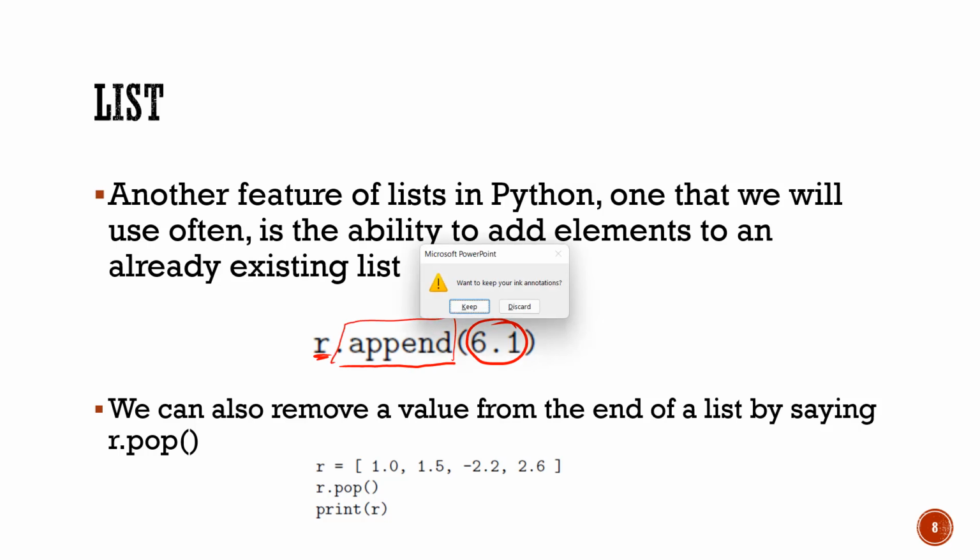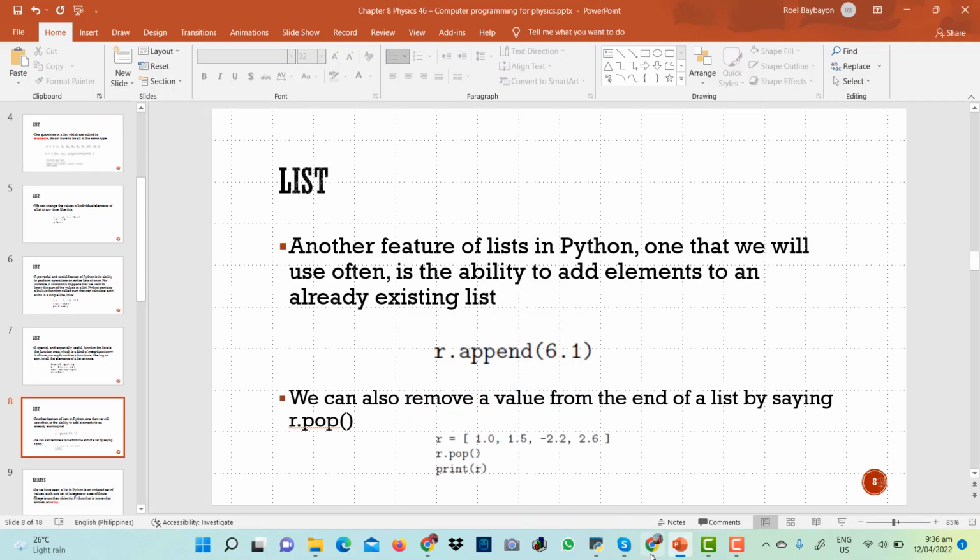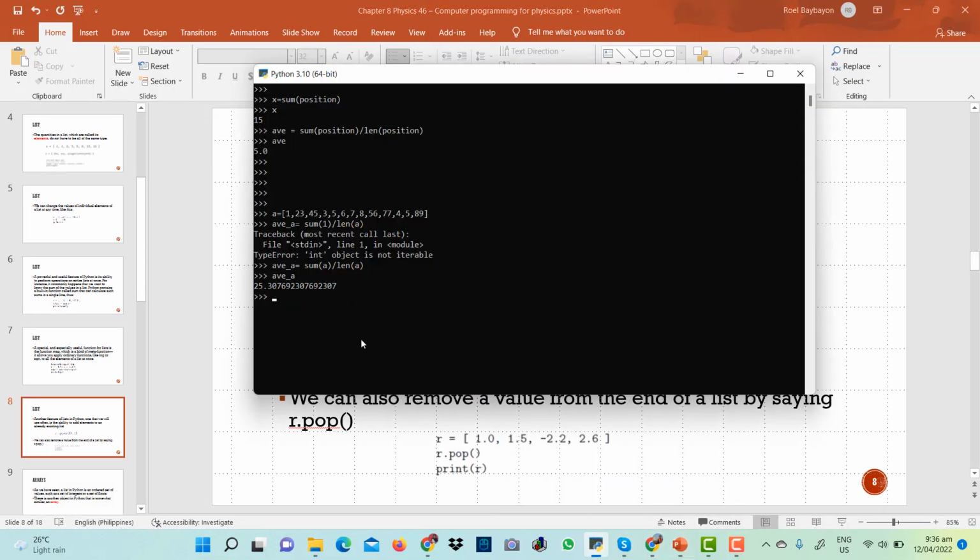Say for example, position is 3, 4, 8, and I want to add another element to my position. Just use position.append(9). If you print position, it now has four elements: 3, 4, 8, and 9.